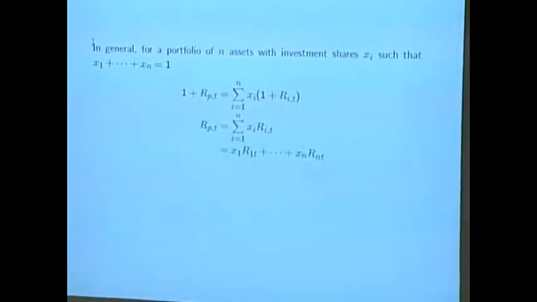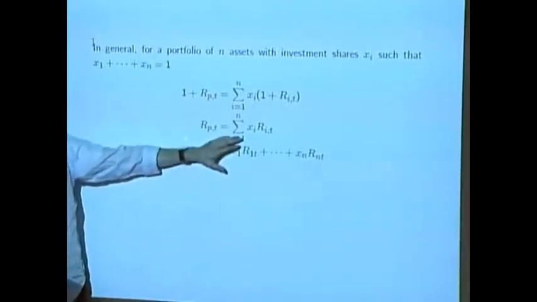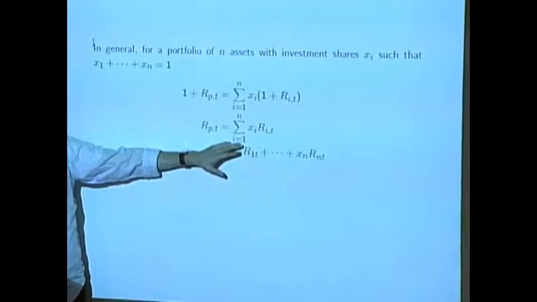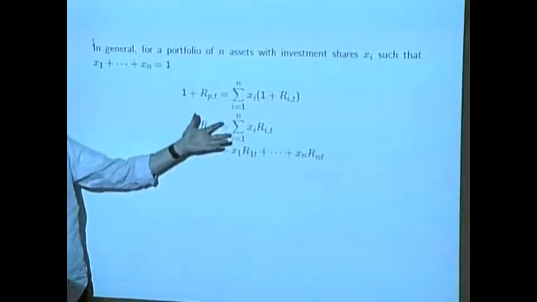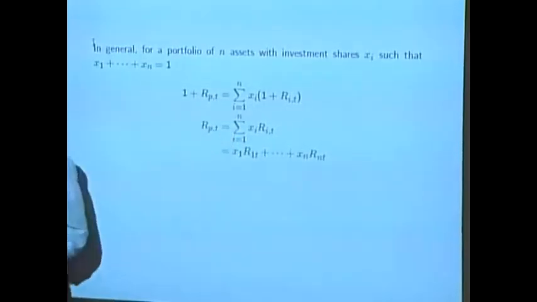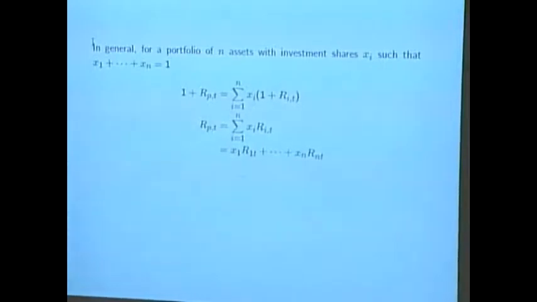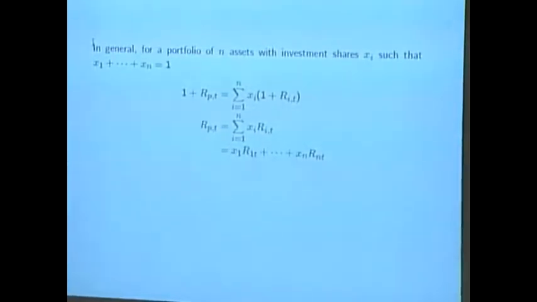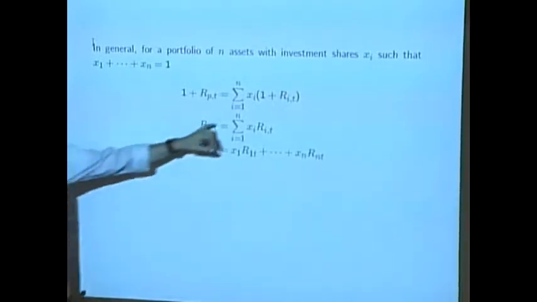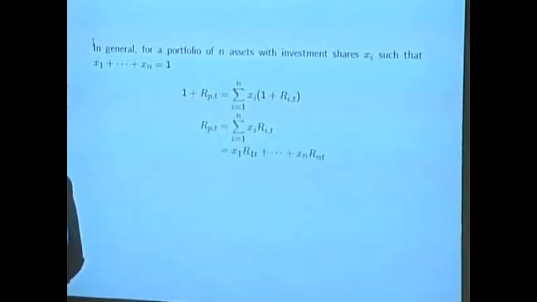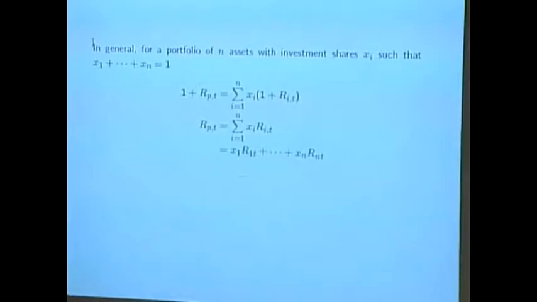So another thing to illustrate as well. When we get to more than two assets, our formulas involve some summations. What we'll see when we start studying portfolio theory a little bit more is that the formulas that we use involving summations are going to get kind of long and messy.